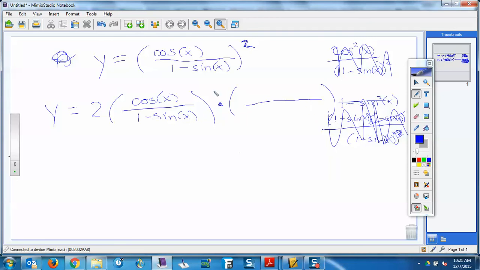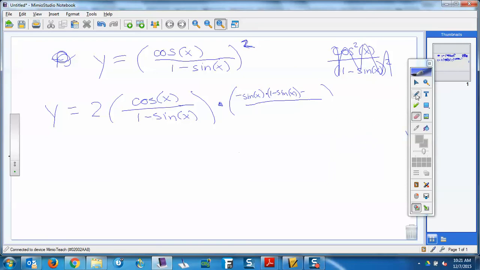So in a quotient rule, we've got derivative of the top, negative sine, times the bottom left alone, so that's got to have parentheses, minus the top left alone, times the derivative of the bottom, which is negative cosine, all over the bottom squared.